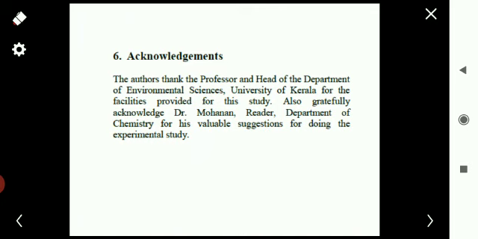The acknowledgement is written like this: the authors thank the professor and head of the Department of Environment Science, University of Kerala. In such a way you can write the acknowledgement.